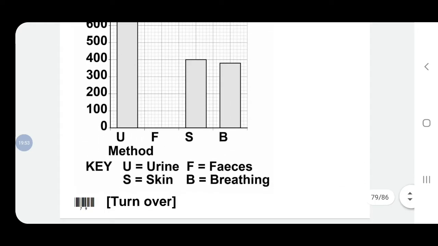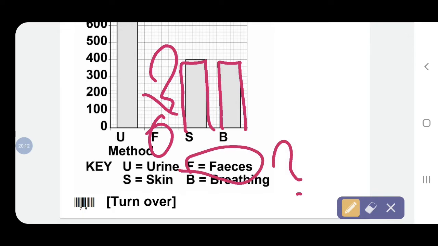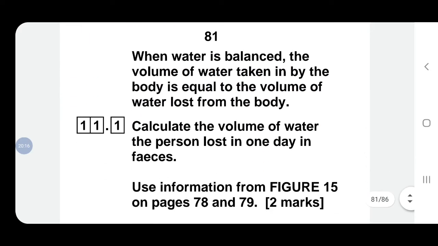All right, and feces, here is nothing, so you need to find out this one. How about this one? And this is skin whenever you sweat, and breathing whenever you breathe. All right, so feces, that is what you need to find out. All right, so let's see the question.